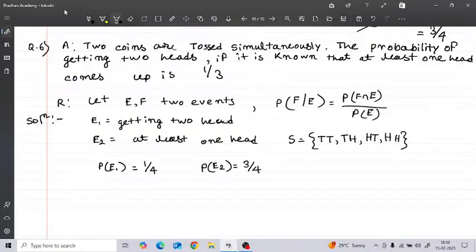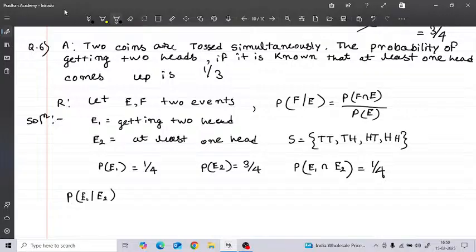Then we have to find the intersection: probability of E1 intersection E2 is nothing but 1 by 4, as getting two heads and at least one head is nothing but HH. Now we have to get the conditional probability, the probability of getting two heads if it is known that at least one head comes up.